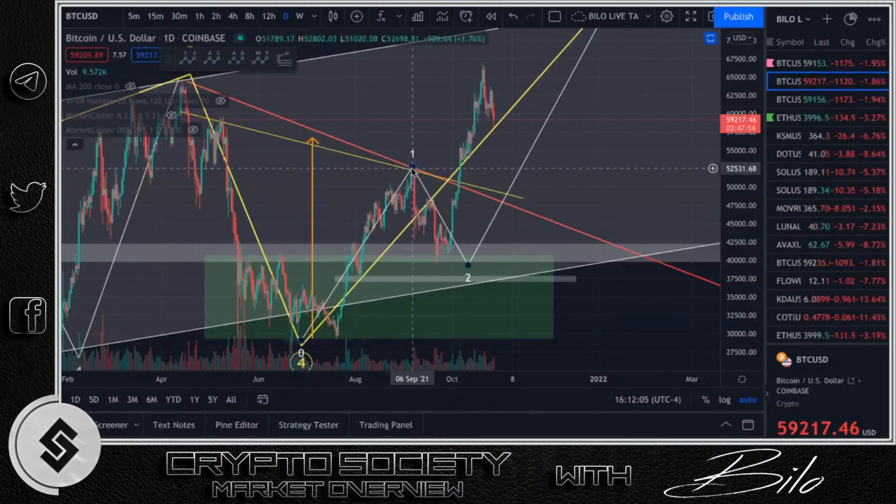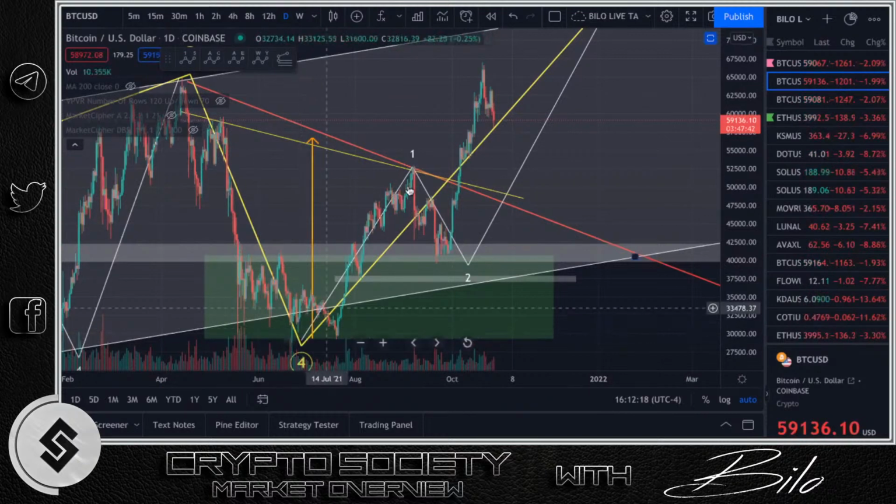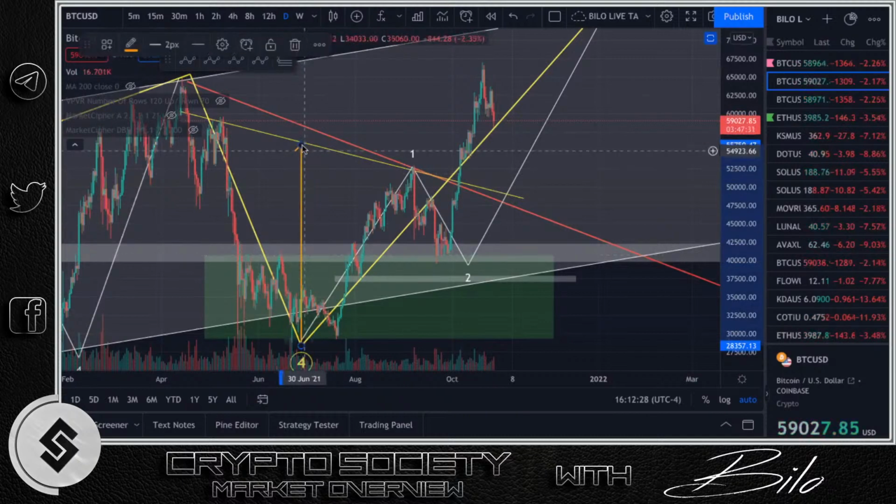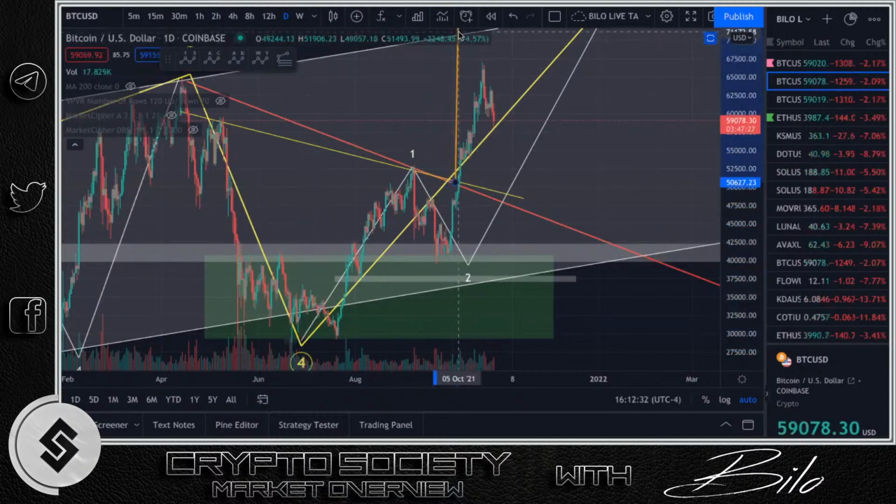We came back up here, which is wave 1, came back down for wave 2, and are on our way back up right now. Well, this wave structure actually is an inverse head and shoulders wave structure, with this being the left shoulder, this the head, and that the right shoulder. Forgetting about Elliott waves completely, we know that the target of an inverse head and shoulders is the distance from the head to the neckline, and then it's transposed on top of the neckline where the breakout happens.